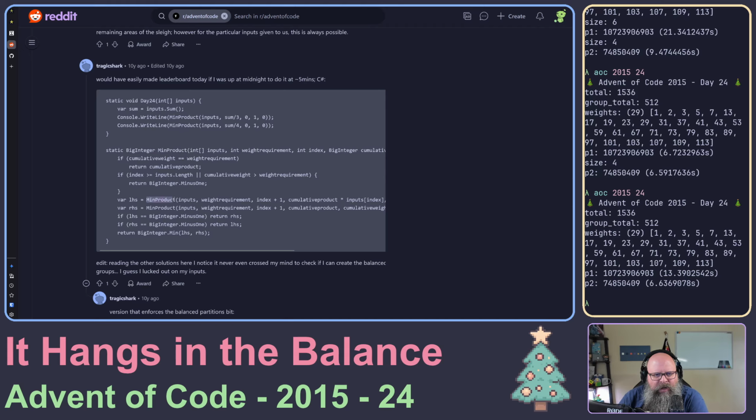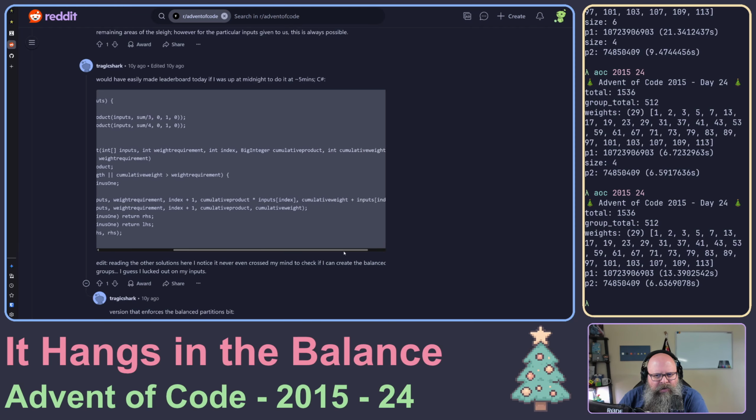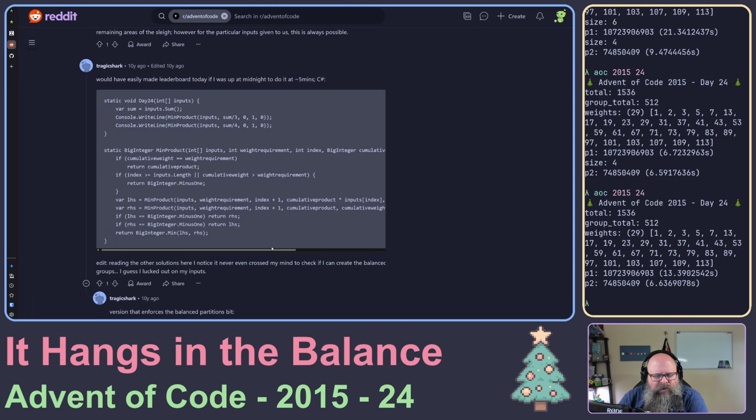So what is the smallest input weight requirement? Index I plus 1. What are they doing here?